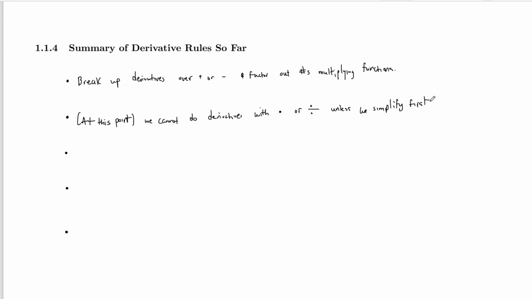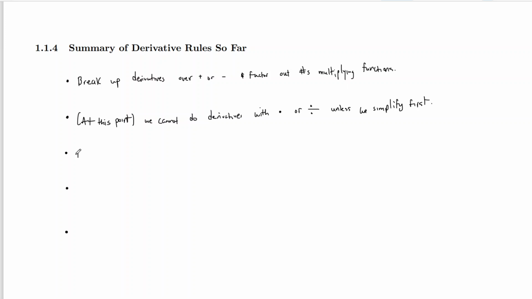And the examples we had in this section, we were able to simplify because we had to actually be able to do them. There are going to be examples in the future where you're not going to be able to simplify. That's why we're going to have a multiplication and division rule for derivatives, but I don't want to do too much at once.